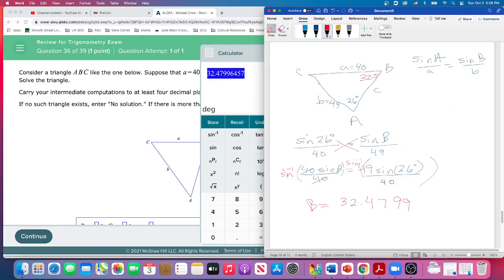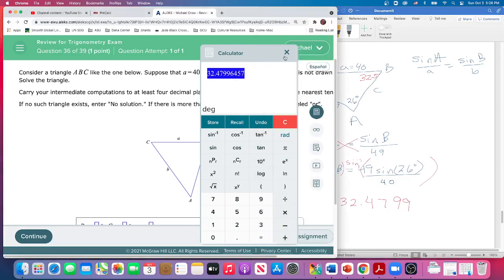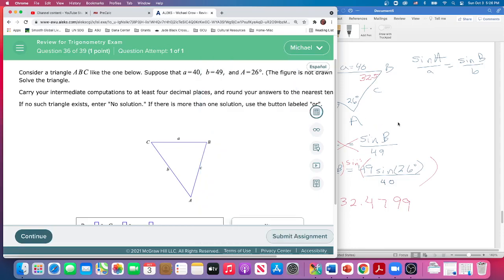So remember, when we're taking inverse sine, there's a potential that there could be 2 angles here. And usually when there are acute angles like this, 26 and 32, there's a potential that this could be a larger angle, but usually when we've got this side locked in here, we'll be okay. But let's see. If there were to be a second angle to this, that's what we have to talk about.